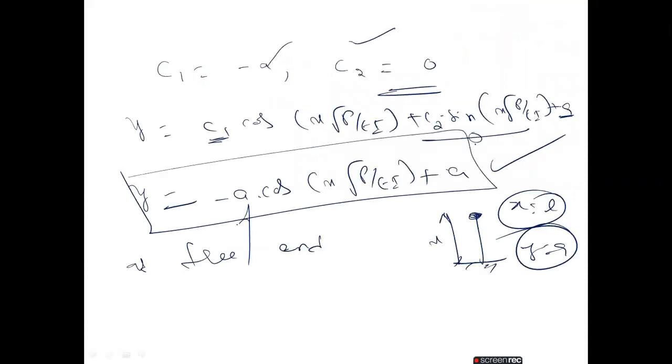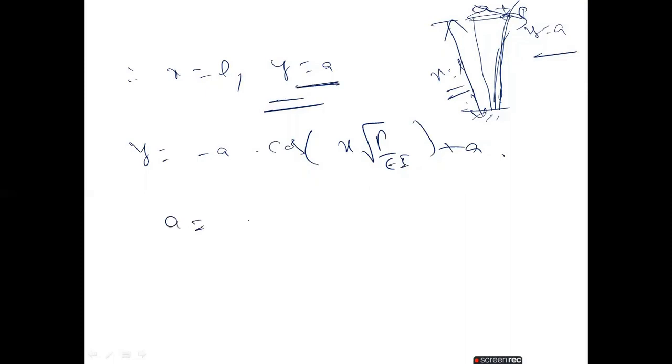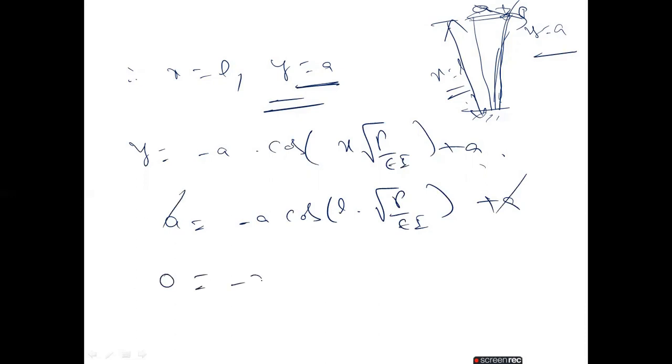Now I will write this equation again here: y equal to minus a into cos of x square root of P by EI plus a. So now y equal to a, so a equal to minus a into cos L into square root of P by EI plus a. Now a and a cancel, so 0 equal to minus a into cos L into square root of P by EI.